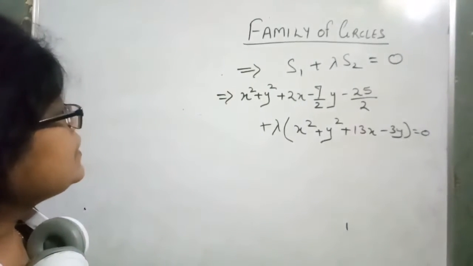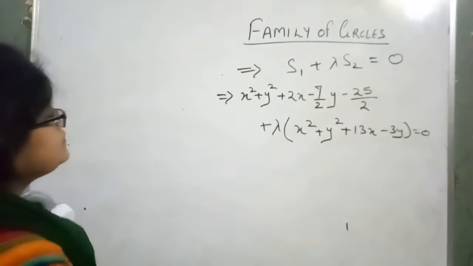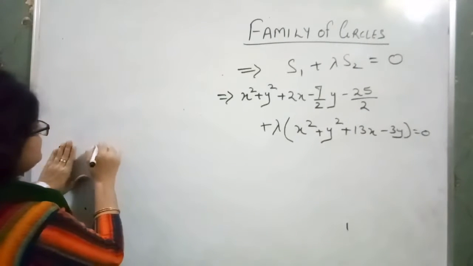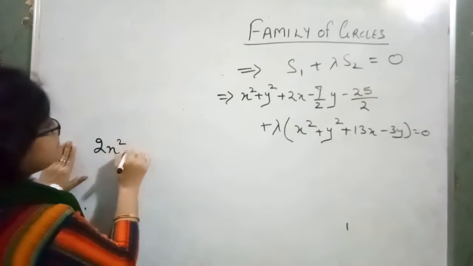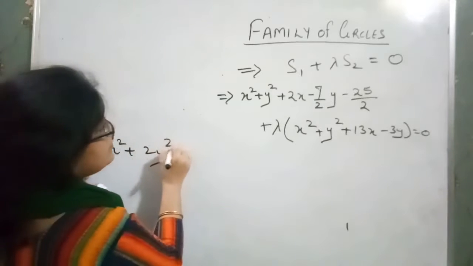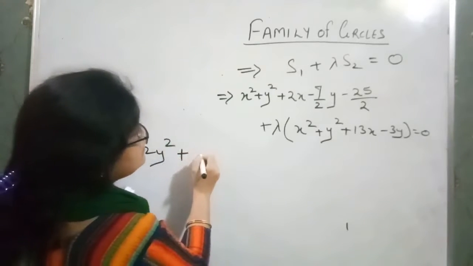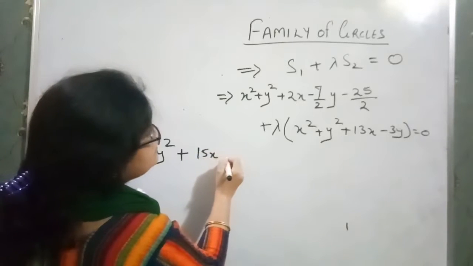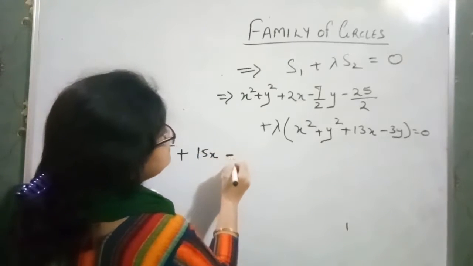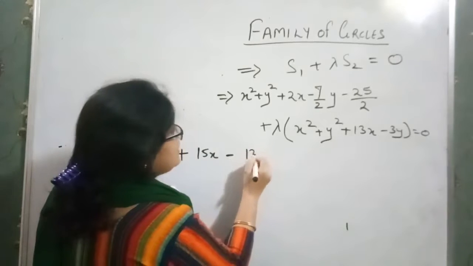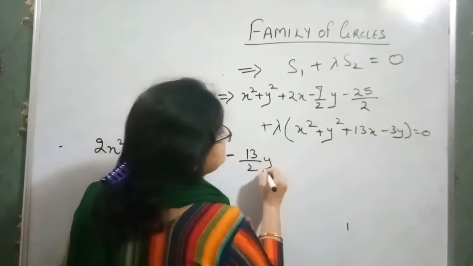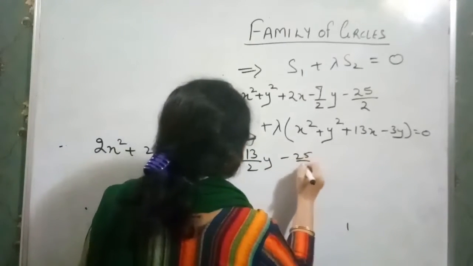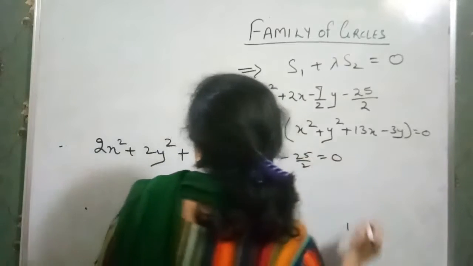If we put 1 here, we have 2x square plus 2y square plus 2x plus 13x, that is 15x, minus 3 plus 7 over 2, that is 13 by 2 y, minus 25 upon 2 is equal to 0.